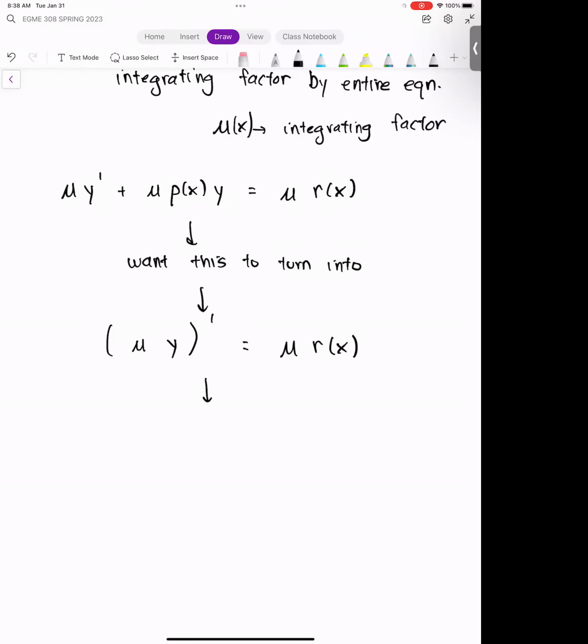This perfect differential. And so what I'm going to do is apply the product rule on the left-hand side. You'll see me use this acronym quite a bit. I'll use LHS. LHS stands for left-hand side. Okay. Maybe you've never seen that before. Right, so we apply the product rule on the left-hand side.